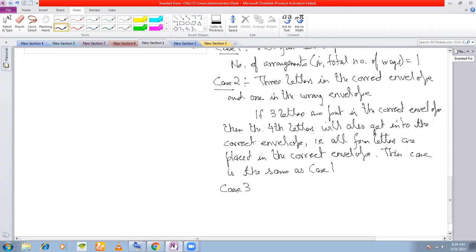Next is case 3. In this case, let us say that two letters are placed in the correct envelope and two letters in the wrong envelope.